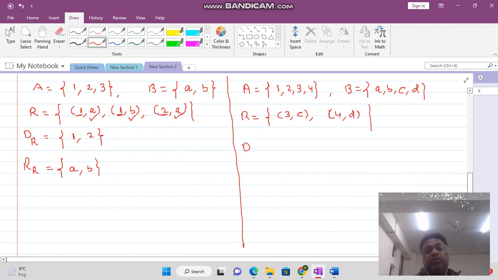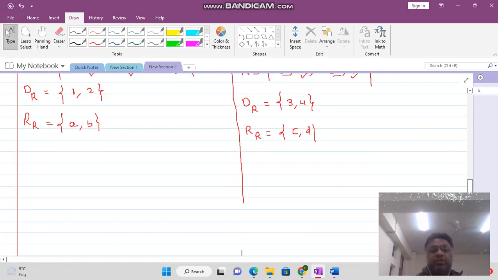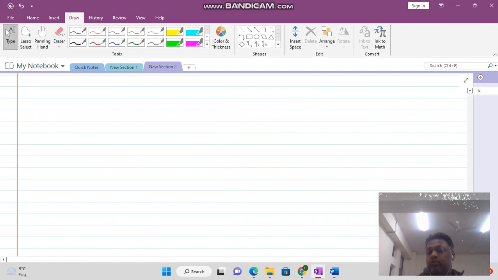So what is the domain of the relation? The set of the first elements of the coordinate pairs. So 3, 4 is the domain of the relation. And what is the range of the relation? c, d. Because these elements are the second elements of the coordinate pairs, it is called the range of the relation. I hope you have understood clearly how to find the domain and the range of the relation.